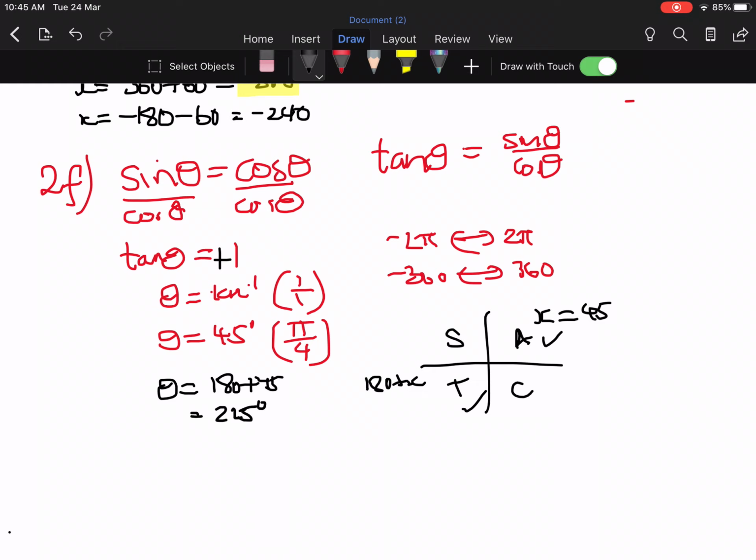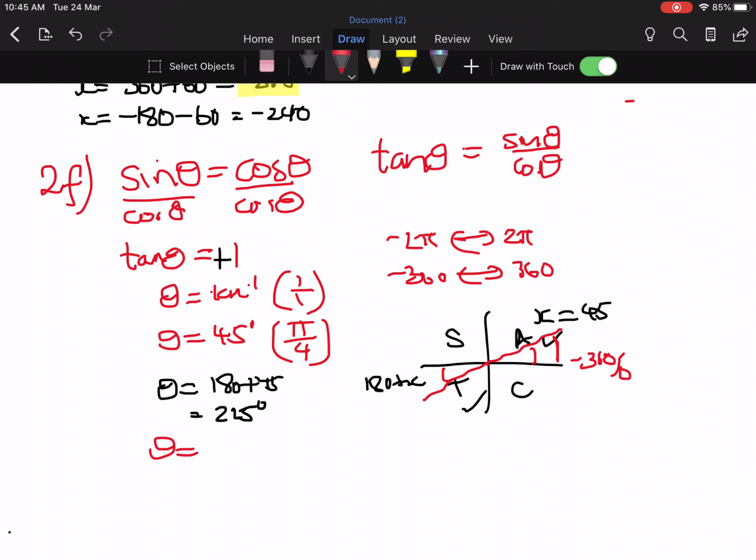Now I need to find the negative one, so this is a tricky bit. So what I've got to remember is that my angle 45 is here and in this quadrant. So 45 there and 45 there. Now I've got to find the negative of that. So remember, if this is negative 360 and 0, if I go negative 360 and I go in this direction, what am I technically doing?